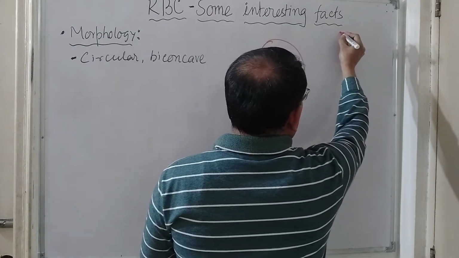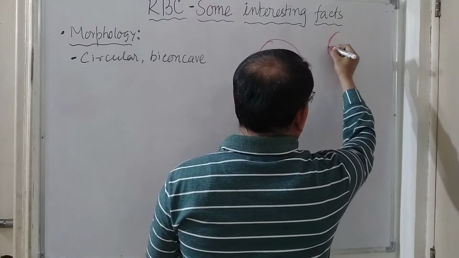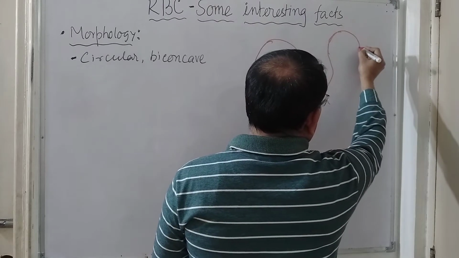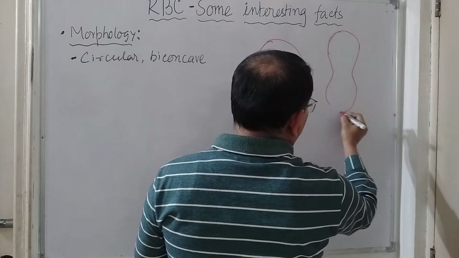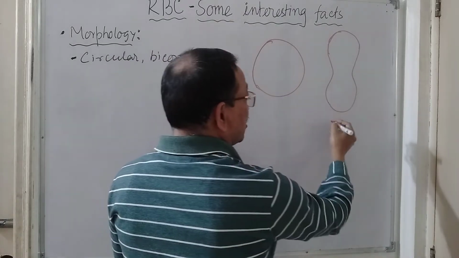That means the peripheral part of the RBC is thick and the central part of the RBC is thin. So this is the biconcave structure.